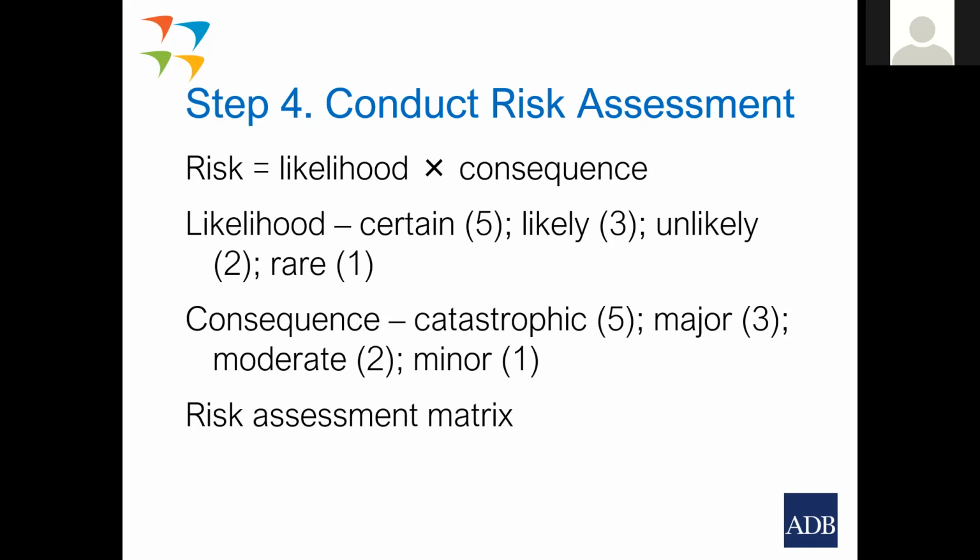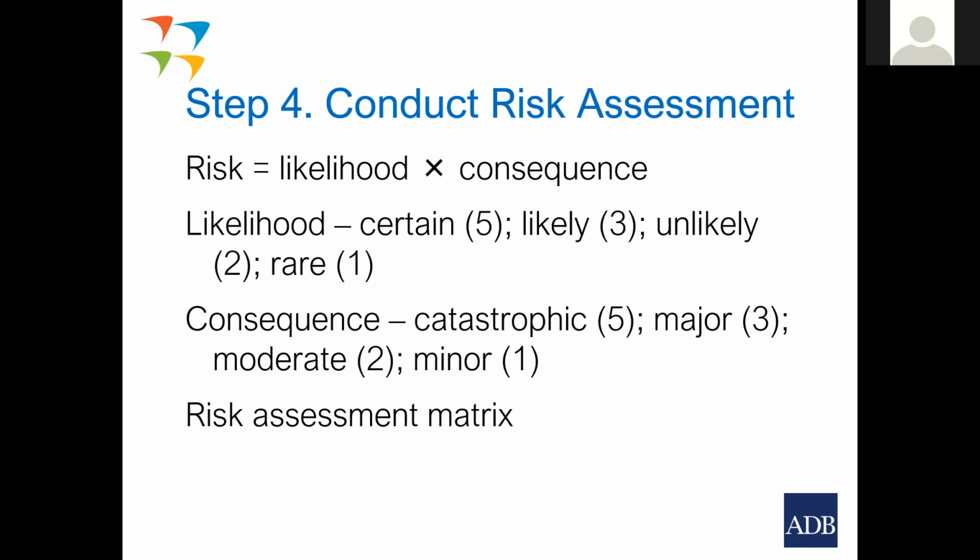For each construction activity we looked at before, there will be a range of likelihoods and consequences, and that will determine the degree of risk of the activity. The degree of risk is just a simple multiplication of likelihood and consequence. We use a very simple formula where likelihood is divided into four different values.